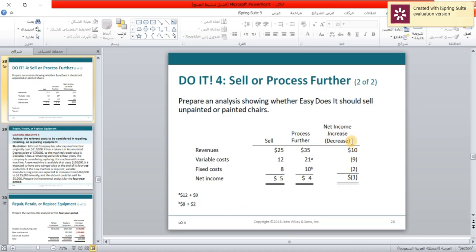So the net effect is negative. So the decision is to sell the product at this stage, not to process further.